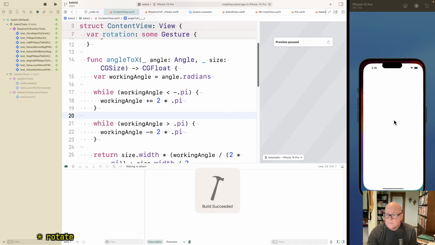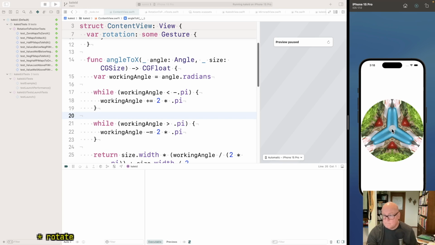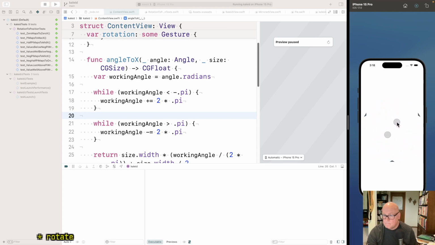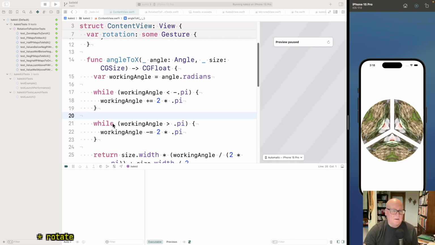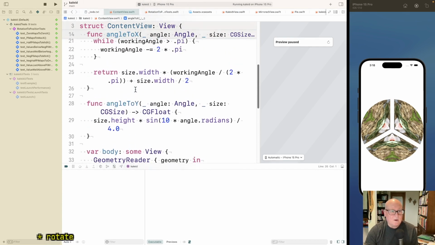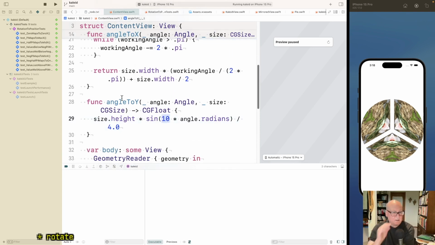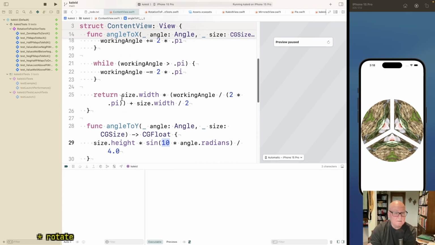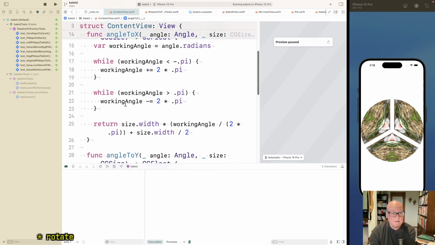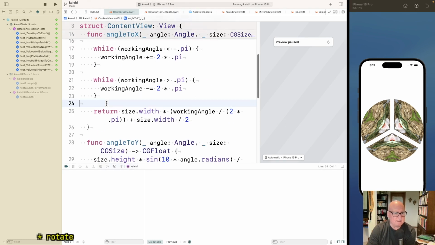Okay. Okay. All right. Well, let's look at angle to Y. Okay, so the thing we did... Now, I don't know the width... Let me just peek at size.